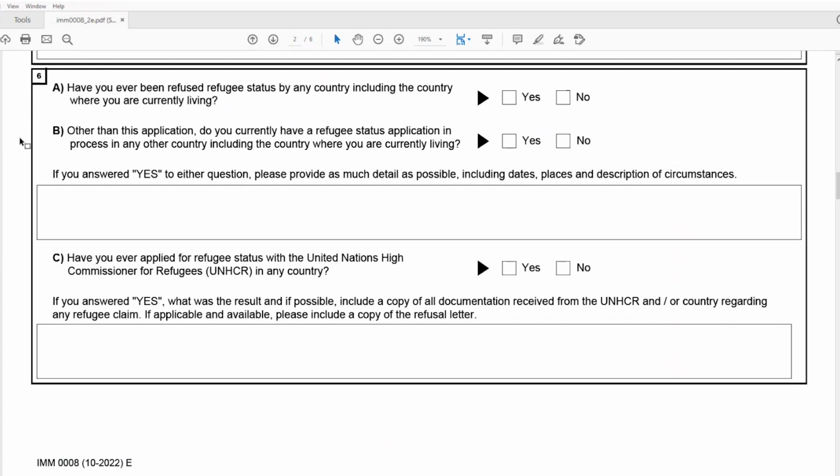And item B, other than this application, do you currently have a refugee status application in process in any other country, including the country where you are currently living?